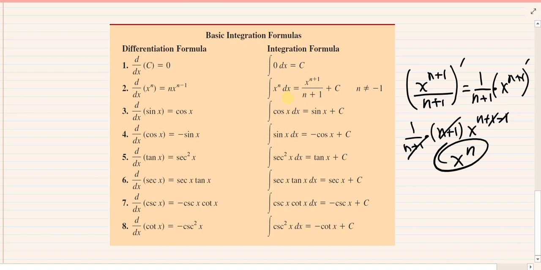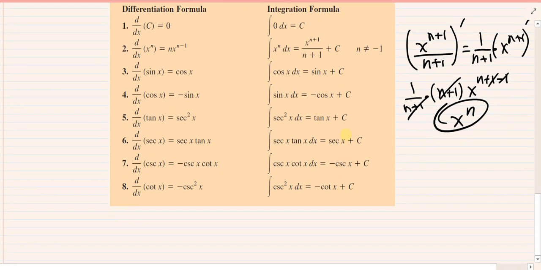Now, the derivative of sine is cosine in number 3. So the antiderivative of cosine must be sine. The derivative of cosine is negative sine. The antiderivative of negative sine should be cosine. So in other words, this is how I write it. The antiderivative of negative sine dx is cosine x plus a constant.